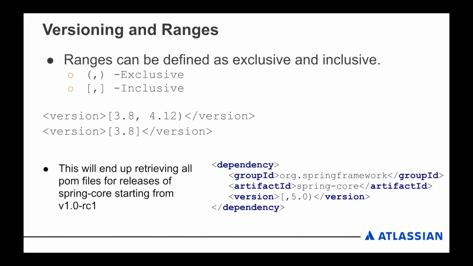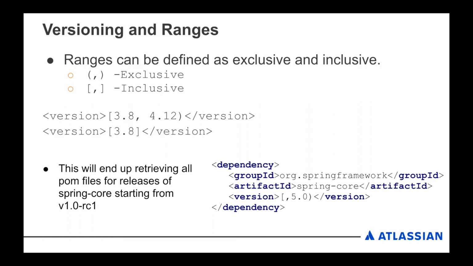So versions can either be defined with ranges, and it could be either inclusive or exclusive. So the first version tag defines the version as 3.8 at least, and it should be lower than 4.12 at most. And the second tag defines the version as 3.8 as exact.